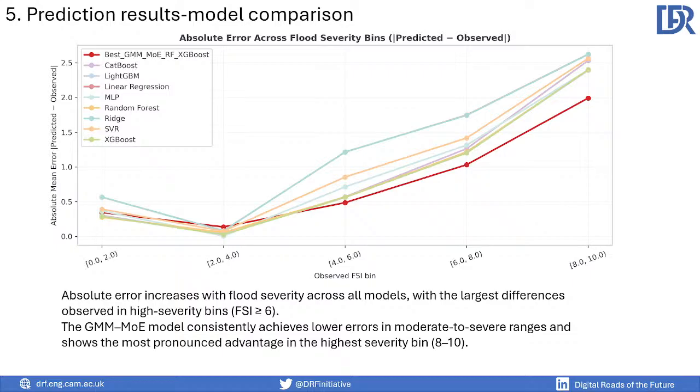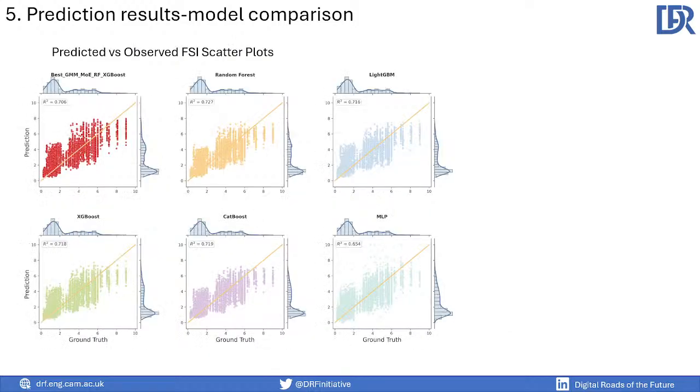And this figure further shows, for different flood severity bins, the prediction performance. If the flood severity index is less than 6, our model is not the best one, but over 6, you will see that the red line shows the lowest mean absolute error.